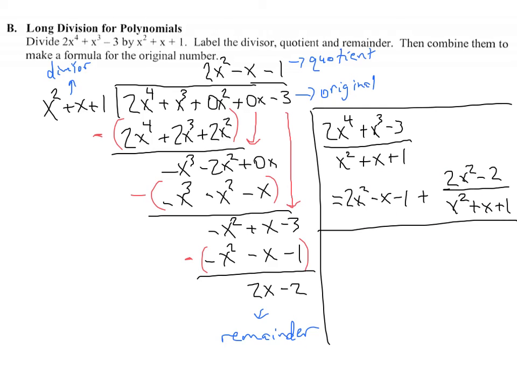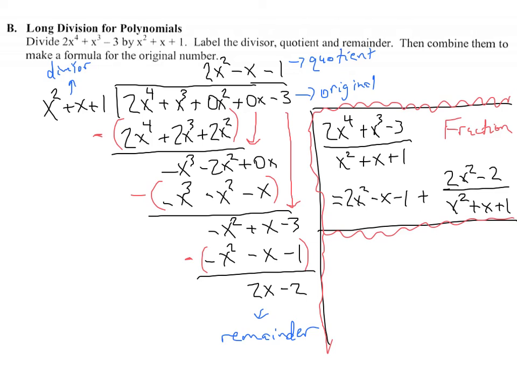And then the other way we wrote it was in what we're going to call polynomial form, and that was basically saying the original. So let me split this up a little bit more for you, okay? Got too much black going on here. Okay, so this was the fraction form right here.